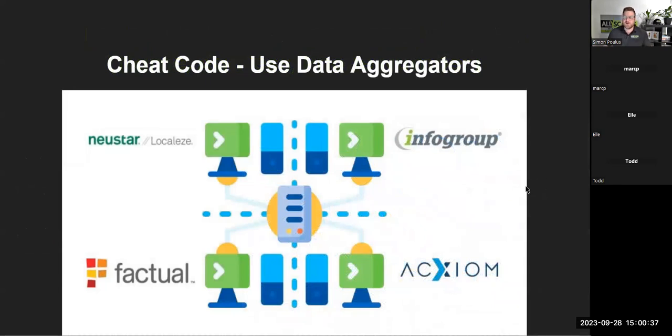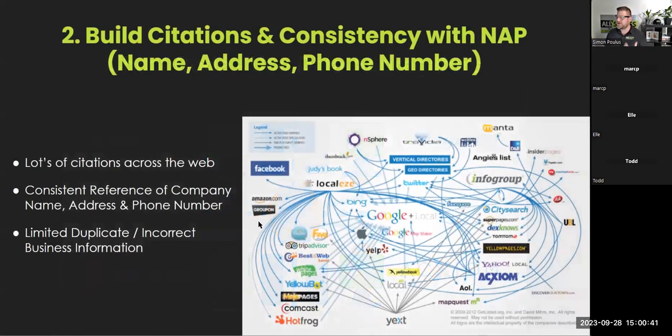As a bit of a cheat code, and I'll go back to that previous image, especially if you have a lot of inconsistent information online, you can utilize data aggregators. You see how these are all linked up. You've got Localeze, which is Neustar, and Infogroup, and they point out to these different citation sources.